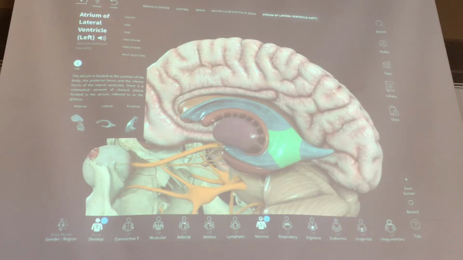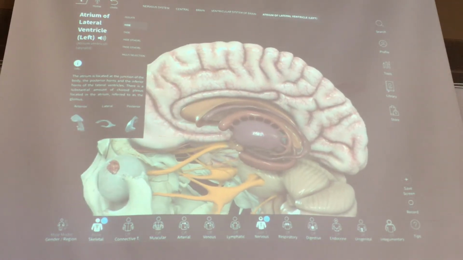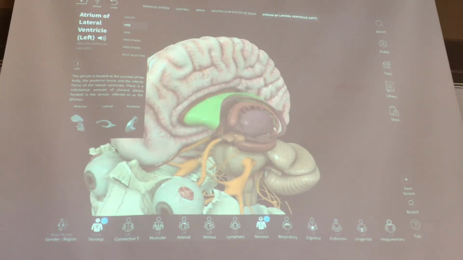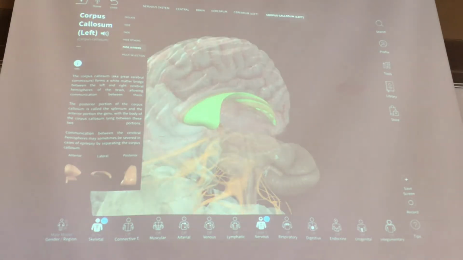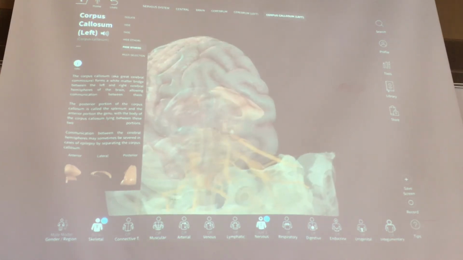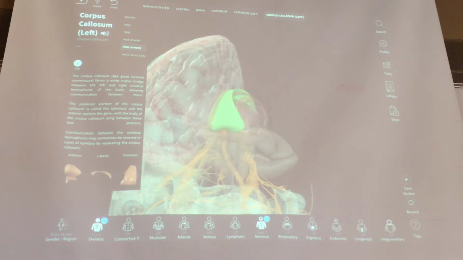If I were to take away the ventricle and kind of turn it to the side here, I'm going to see this one side of the corpus callosum right here. Now, if I were to fade others, now you can see where this would reside. This is just one side. There's one on the other side as well. Does that make sense? So this is where information is going to go from left to right.